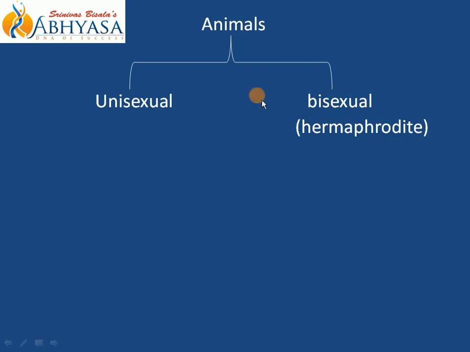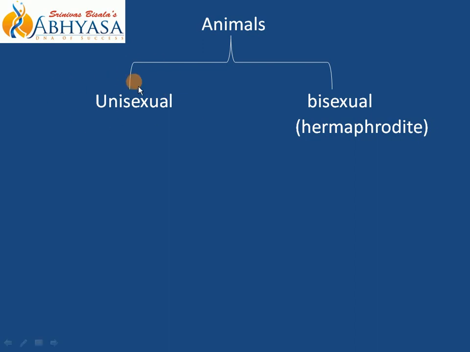Same terms can be studied for the plant kingdom also. There you are going to use unisexual in relation with the flower: unisexual flower, bisexual flower. So when you start studying plant kingdom, you don't have to worry about unisexual or bisexual, because you have already studied these terms in animal kingdom.